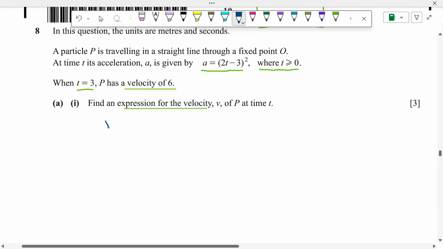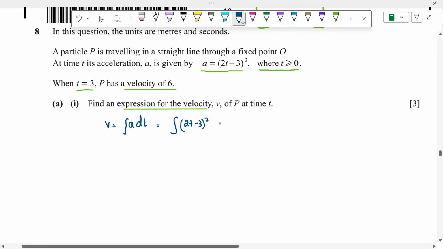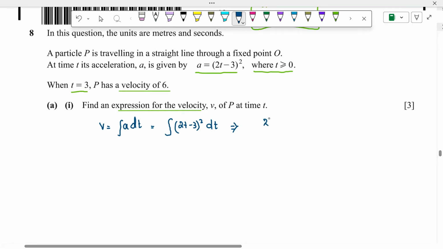So velocity is equal to the integration of acceleration with respect to time, and the acceleration is given, which is (2t - 3)², with respect to time. Integration is equal to (2t - 3) to the power 2 plus 1 over 2 plus 1, times the coefficient of t, which is 2, so divide by 2, plus c.